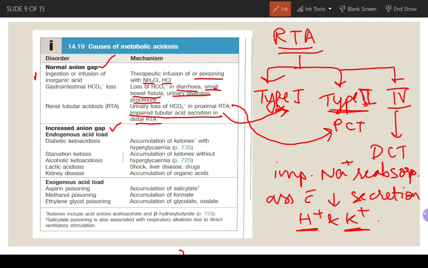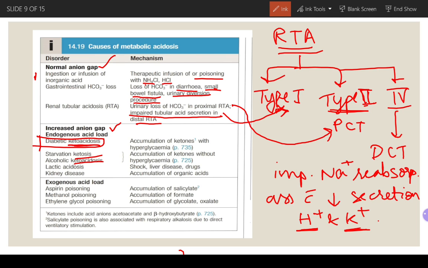Now speaking about an increased anion gap metabolic acidosis, the most common cause you can see is ketoacidosis. In ketoacidosis the most common cause that you may come across will be diabetic ketoacidosis. In diabetic ketoacidosis, you have an insulin deficiency, which leads to increased lipolysis.